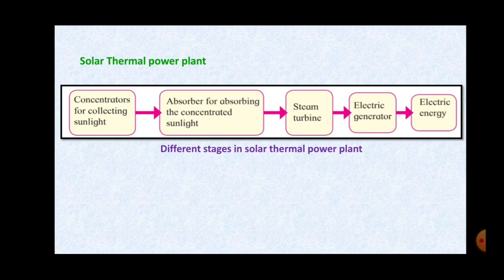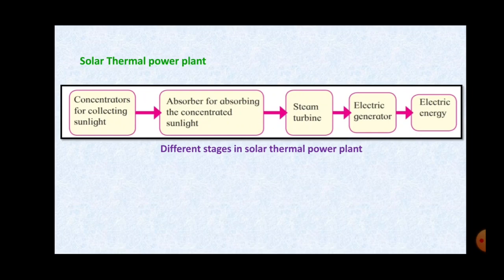So the solar thermal power plants are the electricity generation plants which utilize the energy from the sun, the solar radiation from the sun, to heat a fluid to a very high temperature. And then this fluid transfers its heat to the water, and when the water is superheated, it gets converted into steam, and then it is used to run the turbine, and the turbine runs the generator, and then the generator in turn generates the electrical energy.